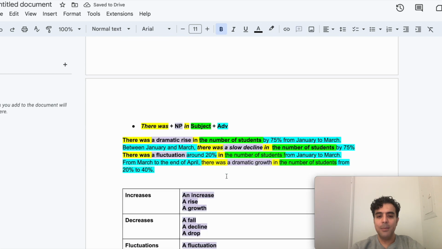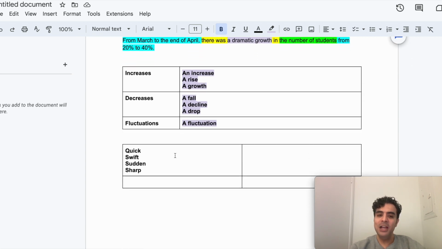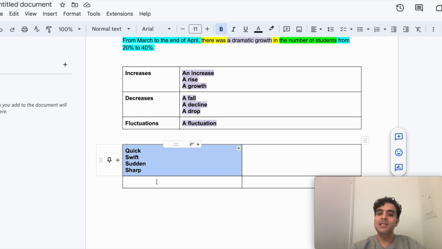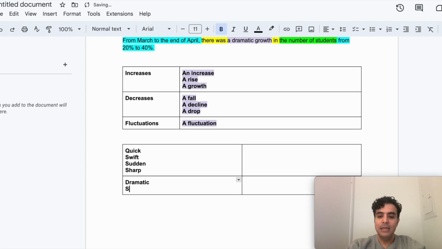So remember in the examples we had, there was a dramatic rise. So you see, it's not just any kind of rise. In the previous example, we had dramatically in the verb construction. And so here we have dramatic, right? So as you can see, it's the adjective that is accompanying the noun describing how this change took place. So as you can see, we could use dramatic, significant, and considerable.